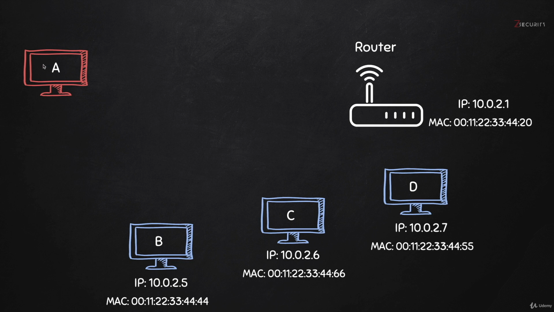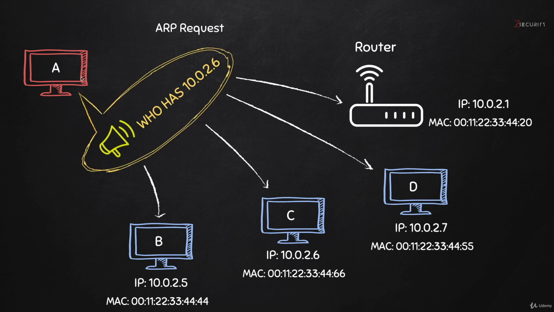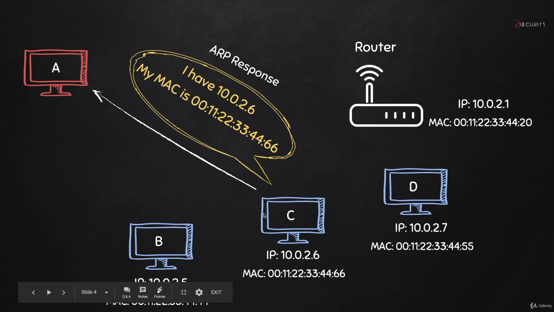So what this client does, it uses the ARP protocol. What do I mean by that? Basically, it sends a broadcast message. So it sends an ARP request to all the clients on the network saying, who has 10.0.0.26? Now, all of these devices will ignore this packet except the one that has this IP address, which is device C. So all devices will not do anything, and the only device that will respond is device C, sending an ARP response.